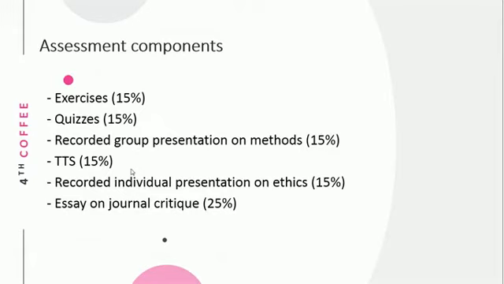Whether this journal article has conducted research which is, for example, methodologically appropriate, or whether or not the researchers have done or have used ethical practices during the research. Something like that. We'll talk about that deeper in the later meetings.